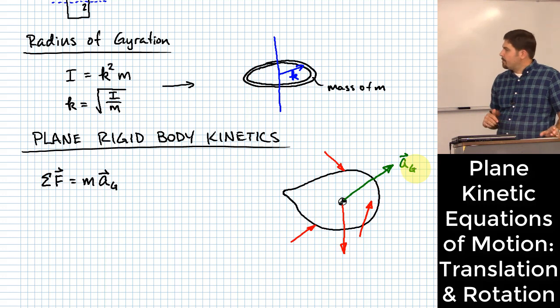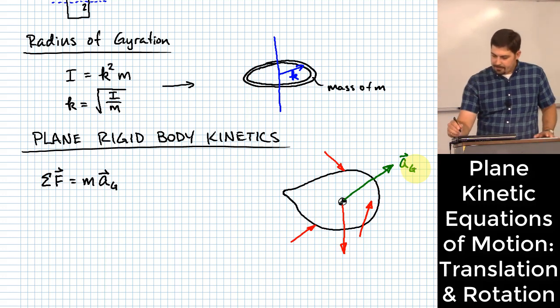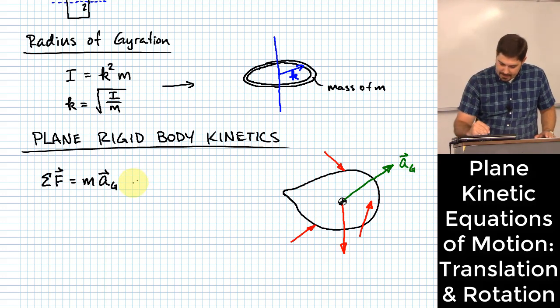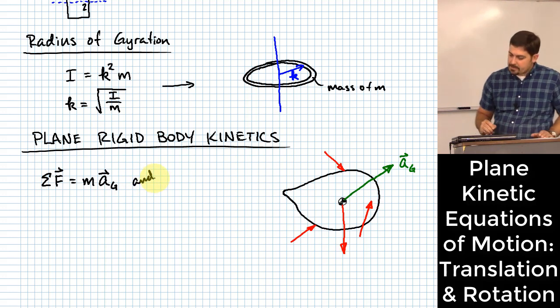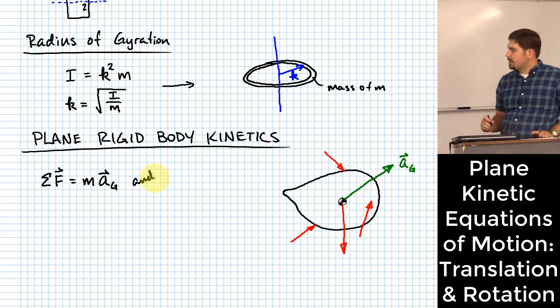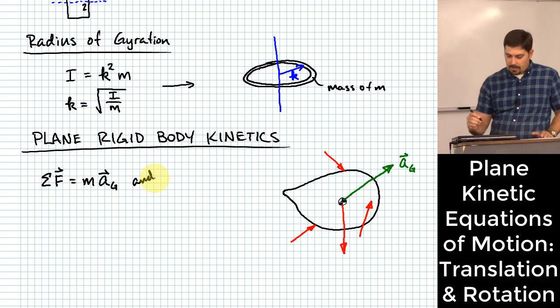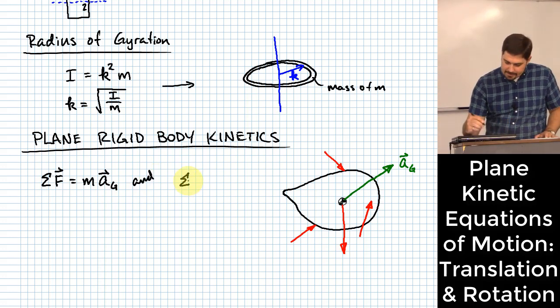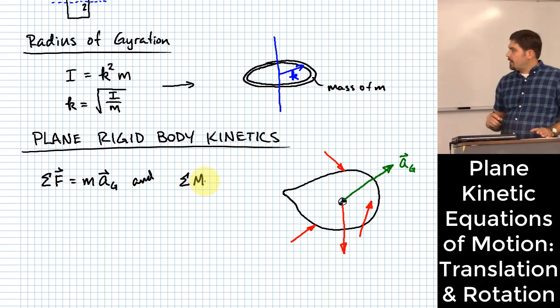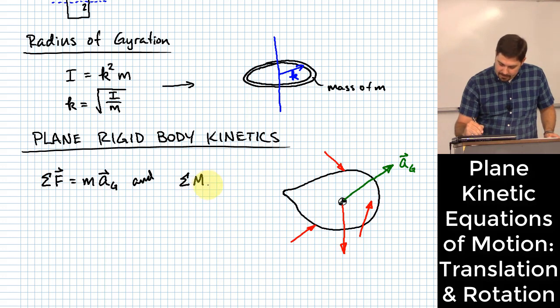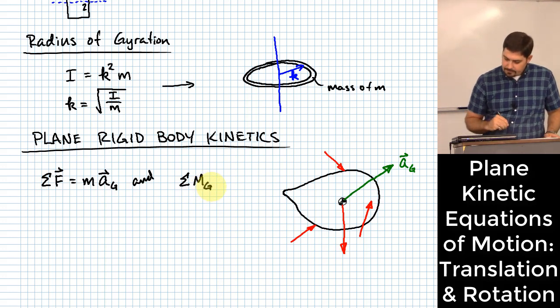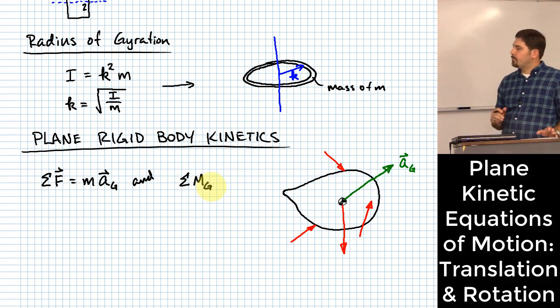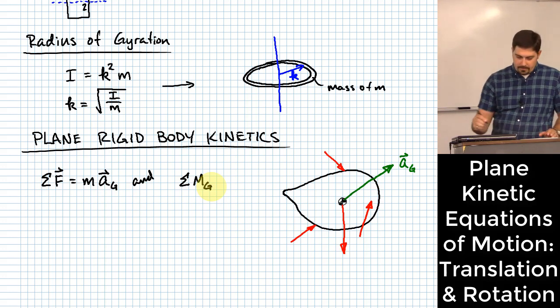All right, but as you might suspect, this is not enough, because the other thing that happens is the body can also begin to accelerate angularly, right? So if we look at that, we add up all of our moments that are created here. And when we do this, we have to add them all up around, at least I'll say this for now, a center of gravity, right?